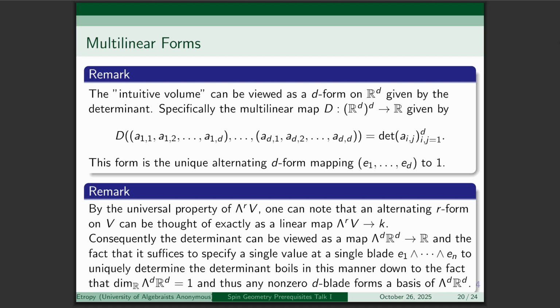The fact this suffices can be seen from the fact that the dimension of the d-th exterior power of R^d is 1. Because as we've noted, you have all the wedge products of basis elements as a basis, except you kill everything unnecessary, you cannot have repeats.